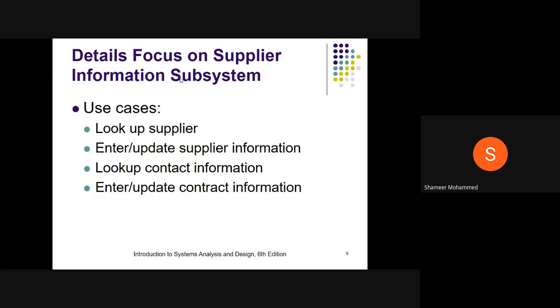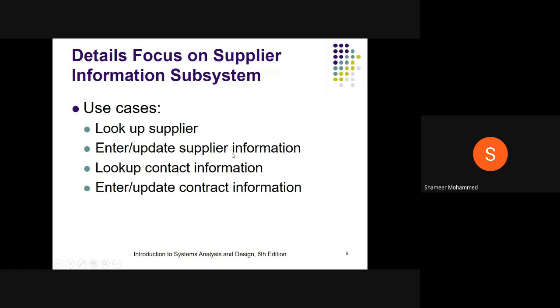You have many subsystems in the complete RMO: supplier information system, purchasing information system, stock information system, accounts information system. Like this, there are many subsystems, but we are focusing on only one component, the use cases of the supplier information system. In that, one, two, three, four use cases we are discussing.